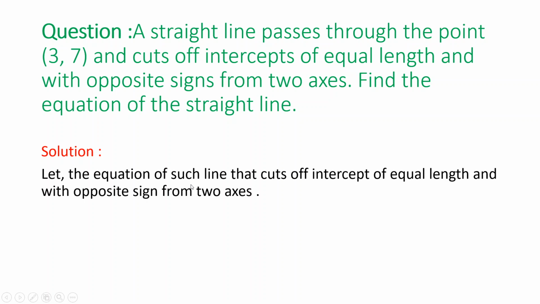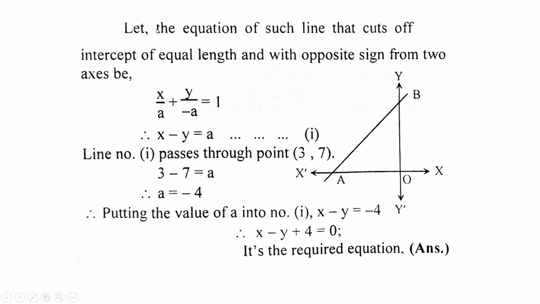Let the equation of such a line that cuts off intercepts of equal length and with opposite sign from the two axes be of the form x by a plus y by b equal to 1. But in this condition, b equal to minus a. That means x by a plus y by minus a equal to 1.